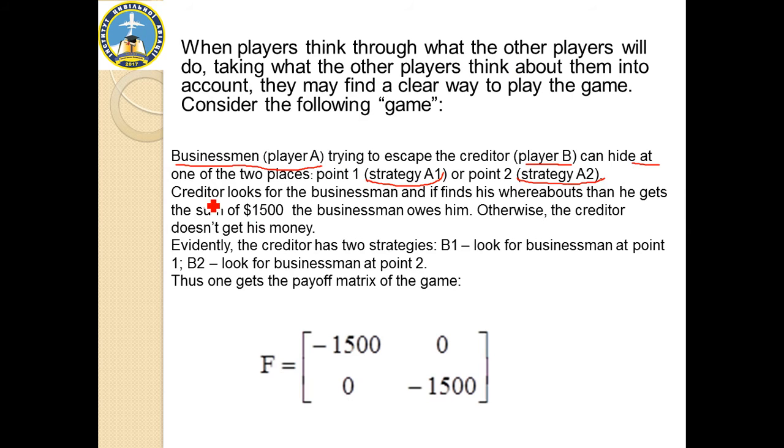On the other hand, the creditor looks for the businessman, and if he finds him, he gets the sum of 1,500 the businessman owes him. Otherwise, the creditor doesn't get his money. The creditor also has two strategies: B1, look for the businessman at point 1, or B2, look for the businessman at point 2. We get this payoff matrix.